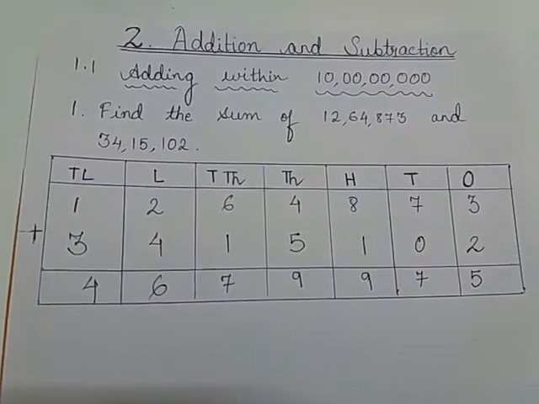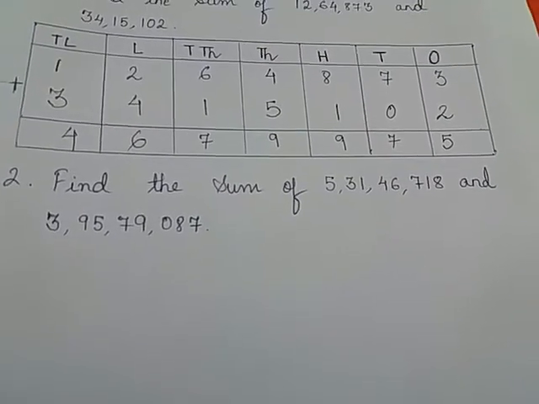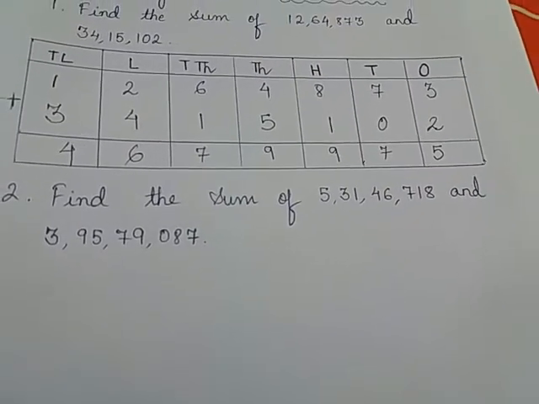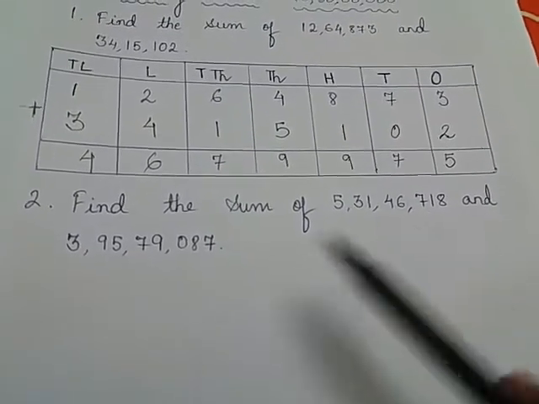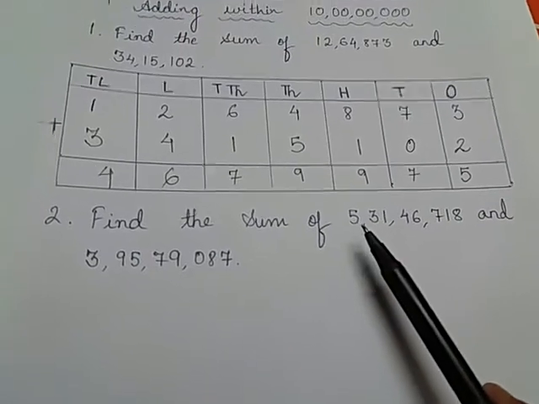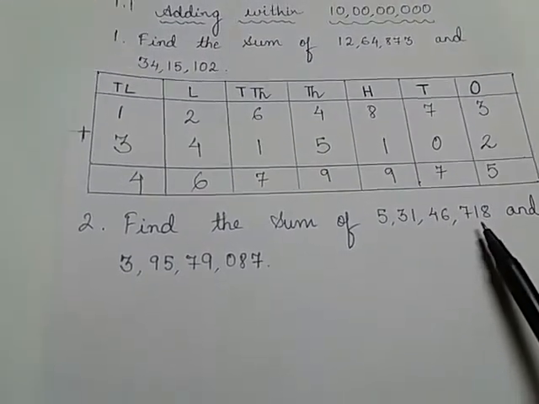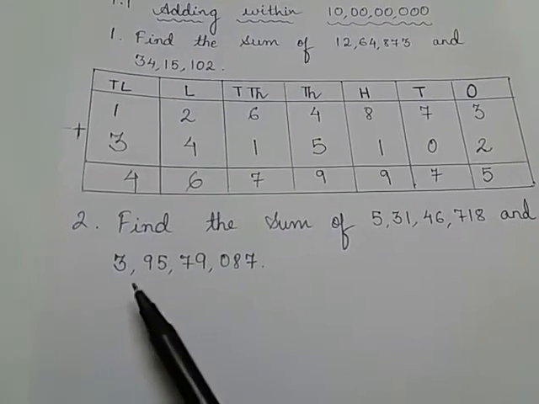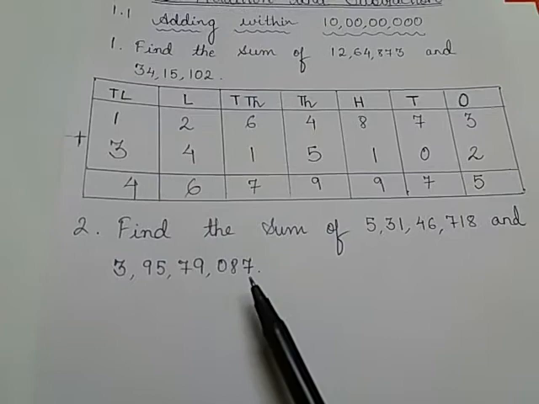Let's solve another question. So here is another question. Here we have got 8-digit numbers. We have to add two 8-digit numbers. First one is 5 crore 31 lakh 46,718 and 3 crore 95 lakh 79,087.